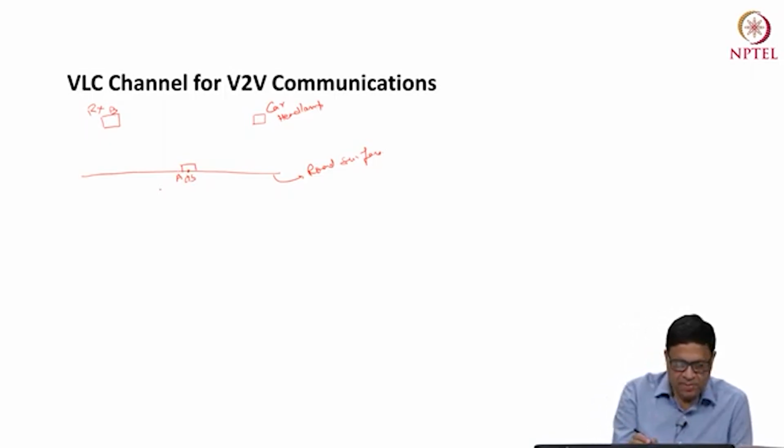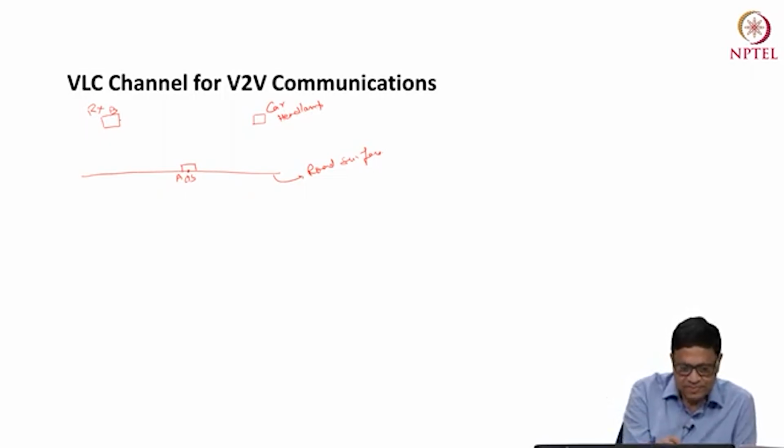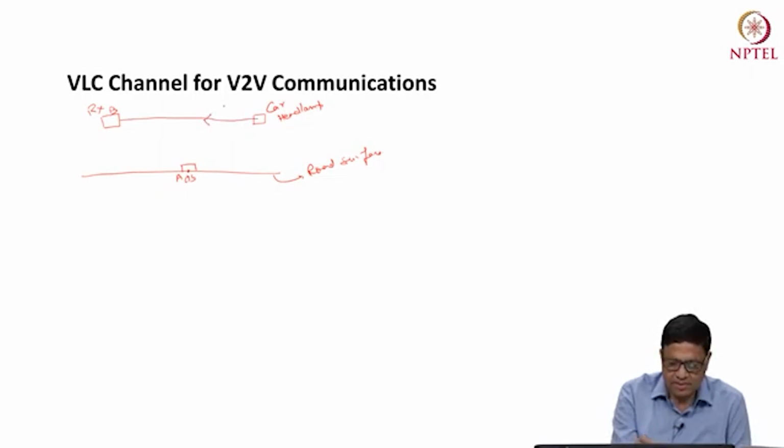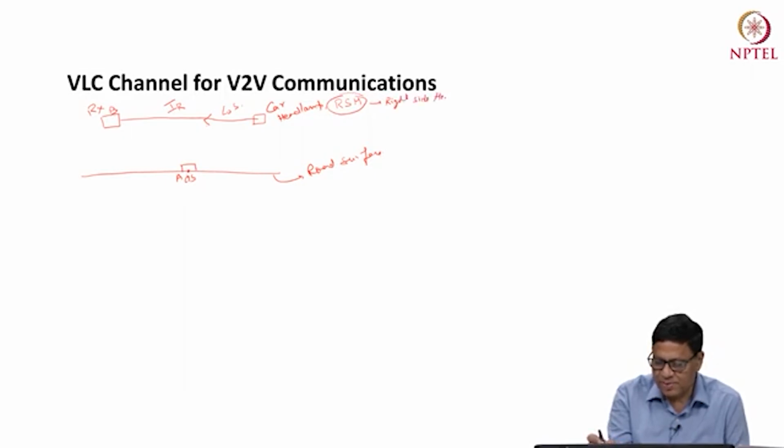So there will be a line of sight. This is the line of sight. And this is R. I'm considering, for example, the right side headlamp, RSH. I'm just considering only the right side headlamp right now.